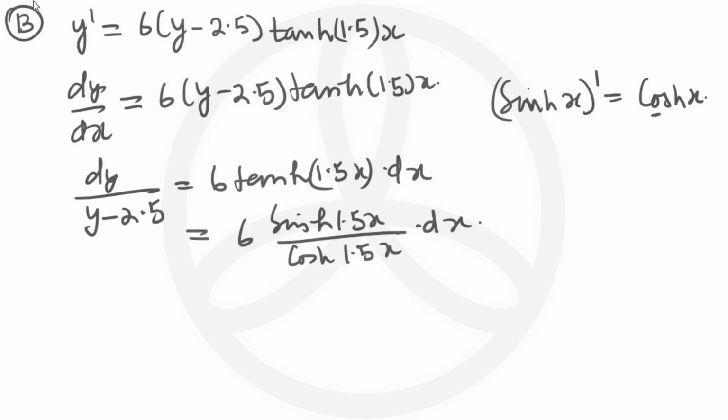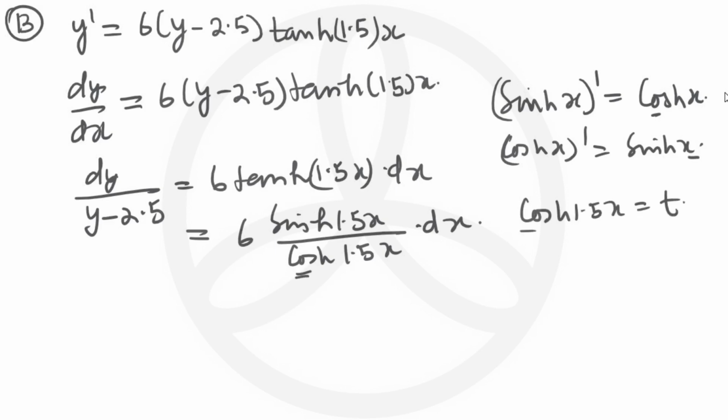So we have to simply assume cosh of 1.5x is equal to t, and when we differentiate this with respect to x, we will get 1.5 sinh 1.5x dx is equal to dt. The 1.5 multiple of x will come out and it will become a constant multiple here.